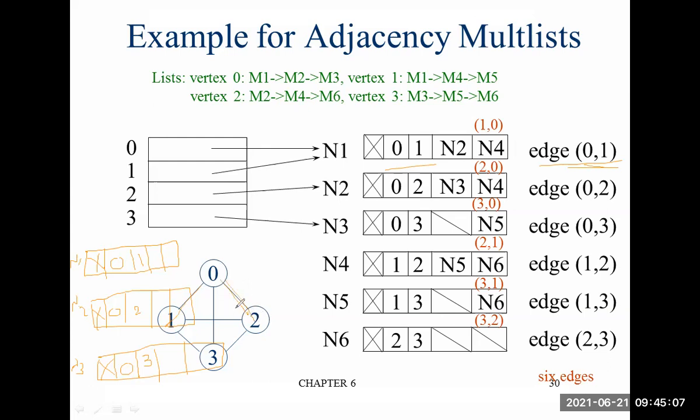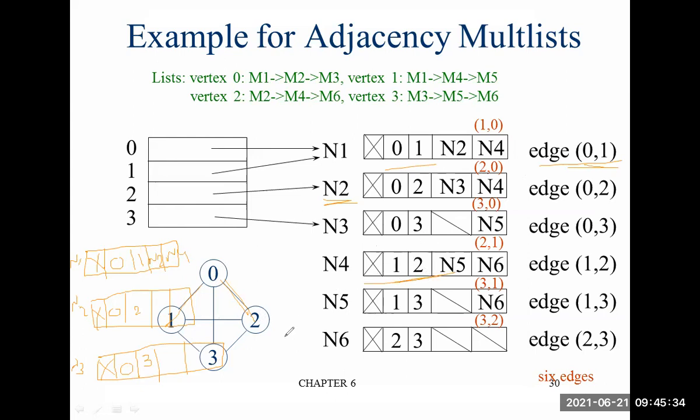So 0 to 2, where the path is, we call it N2. So represented here N2. Okay, next we start 1, 1 to 0 is over, then 1 to 3 we move. Sorry, 1 to 2, where is the path here? N4. So represented with N4. 1 to 2, the path is N4.